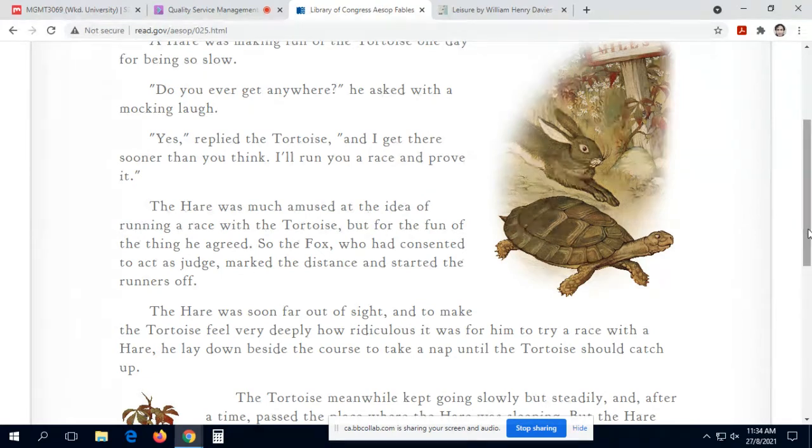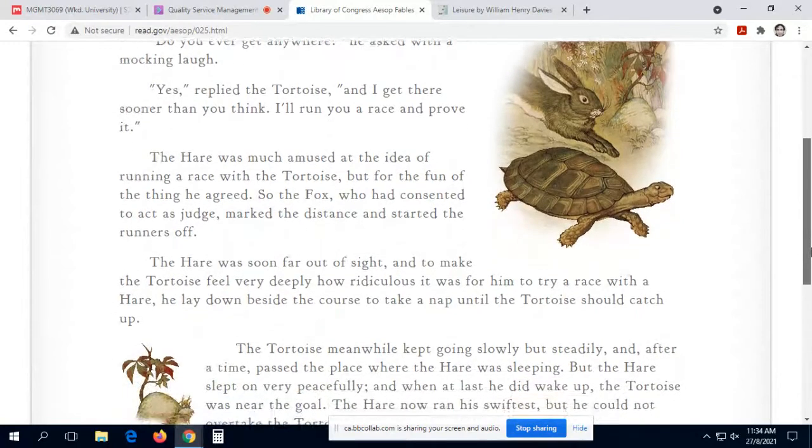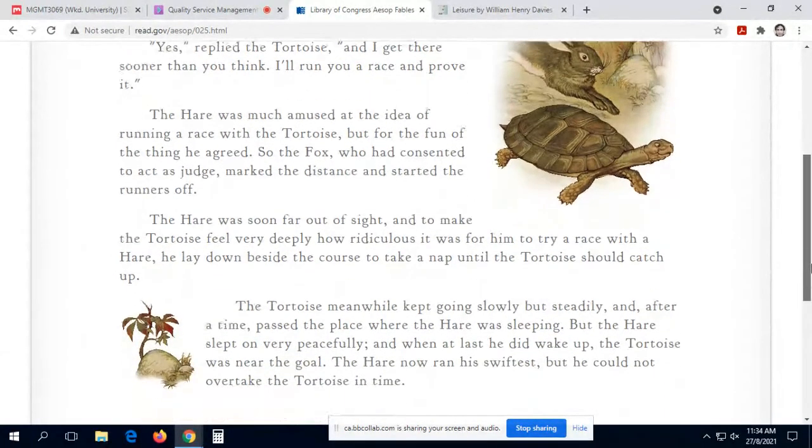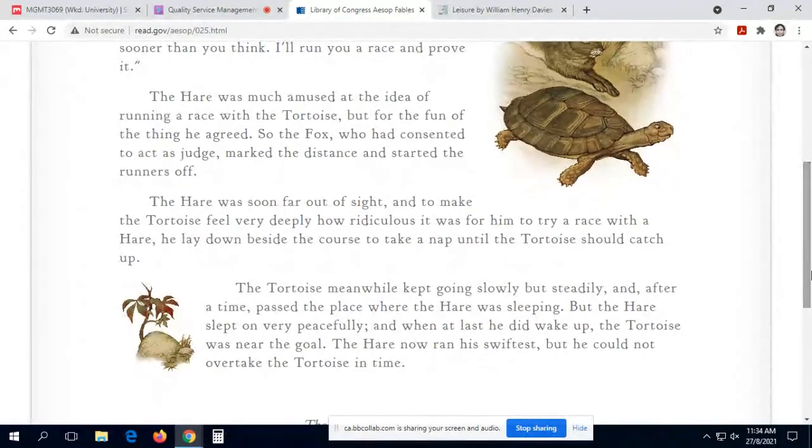And the rabbit is sleeping midway, and the tortoise passes him and reaches the finish line. Then the rabbit wakes up and runs, and when he reaches the finish line, he sees that the tortoise has crossed the line. So on the face of it, the rabbit is faster, and the tortoise cannot beat him in a race.